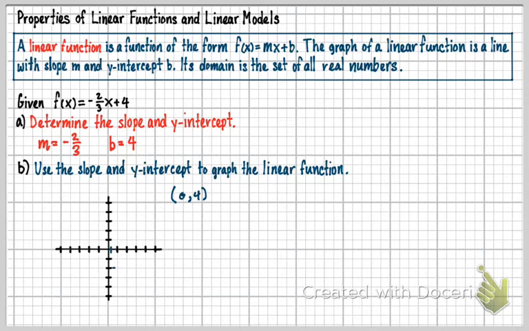Now, if I have the point 0, 4 here, 0, 4 is going to put me here. And from there, I'm going to go down 2 because it's negative. And then to the right, 3, so it's going to put me here.